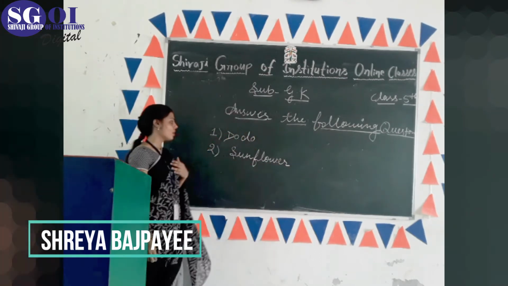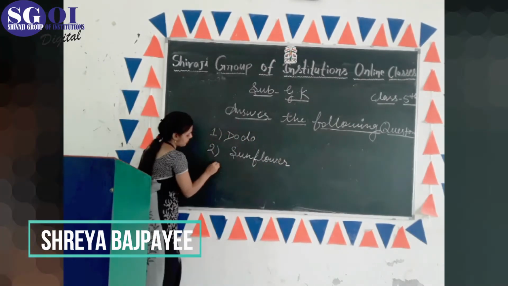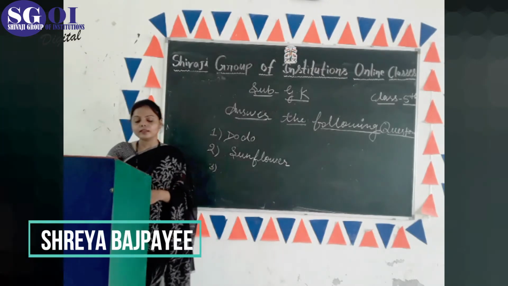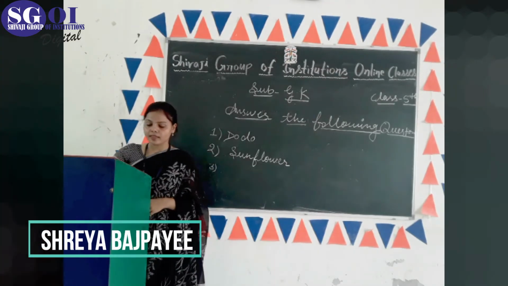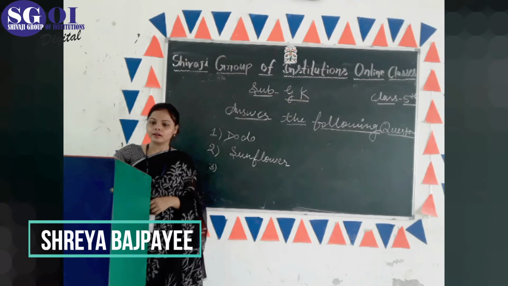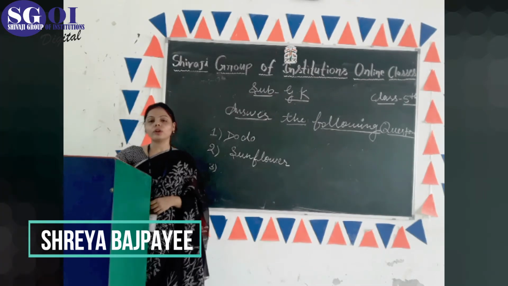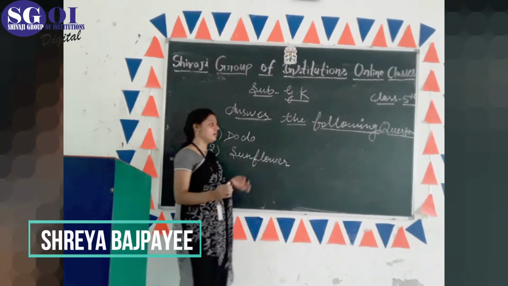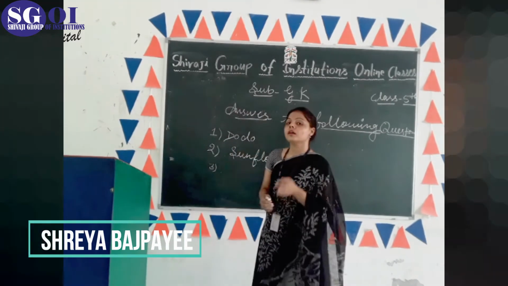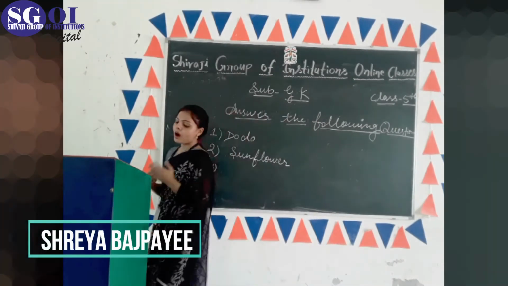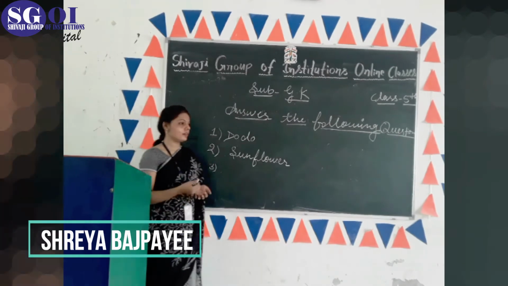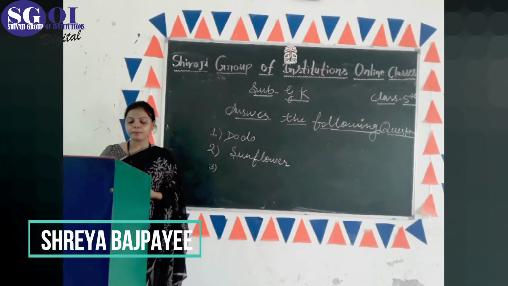Okay. Now third question is this: this nest resembles a curve or bow. The answer is here: cup nest.